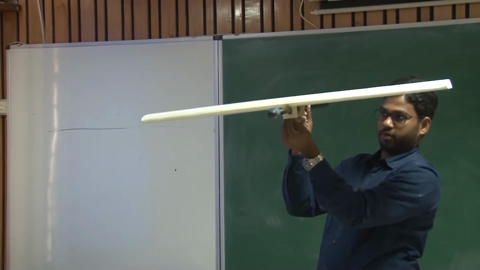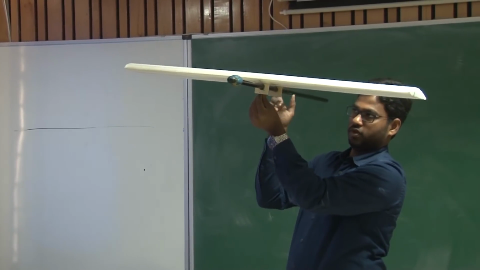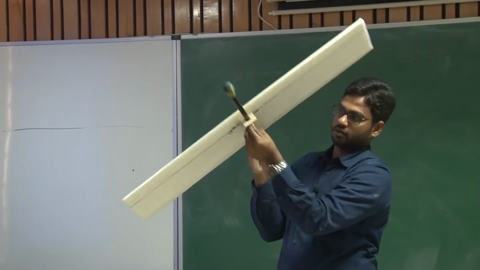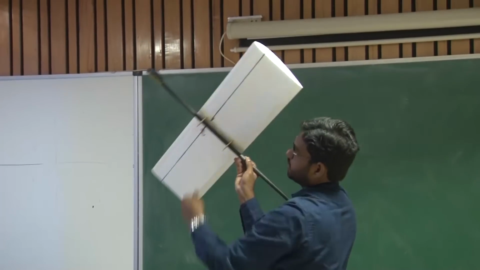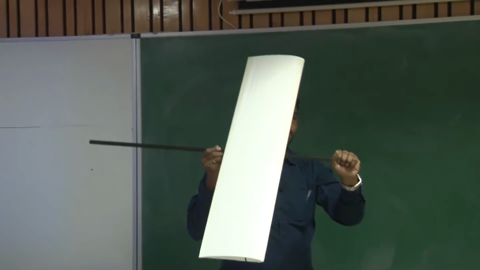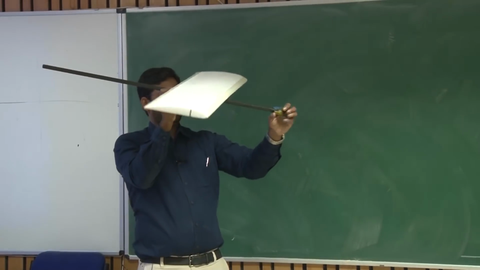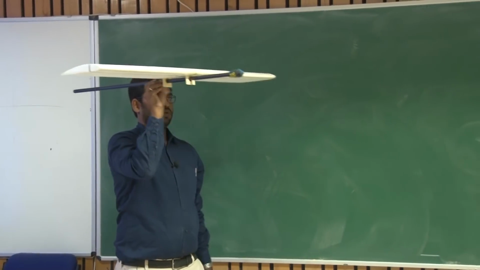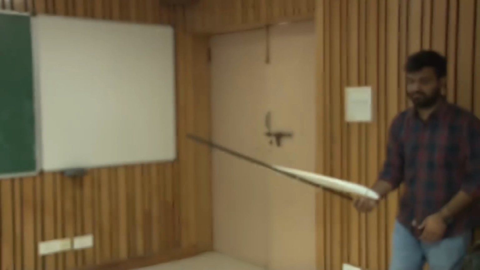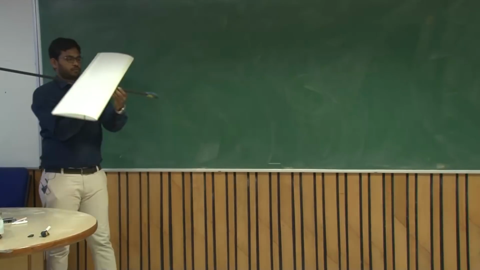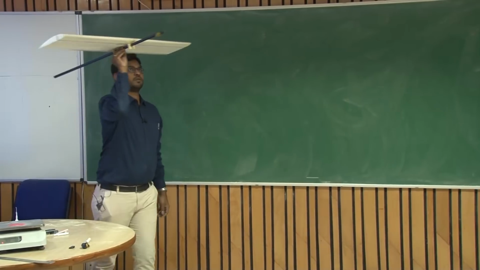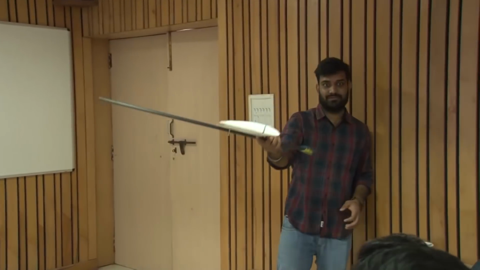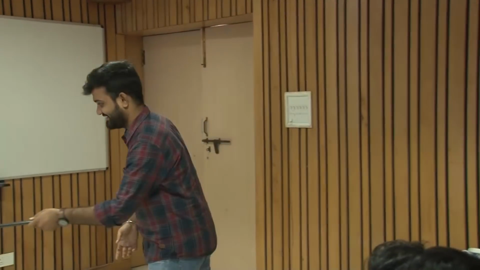So right now I am able to balance this model about the aerodynamic center. See, this is my aerodynamic center. I am able to balance this model. Now let us see how it is going to behave. It is able to fly. Shall I repeat this? See, it is a glide, right?